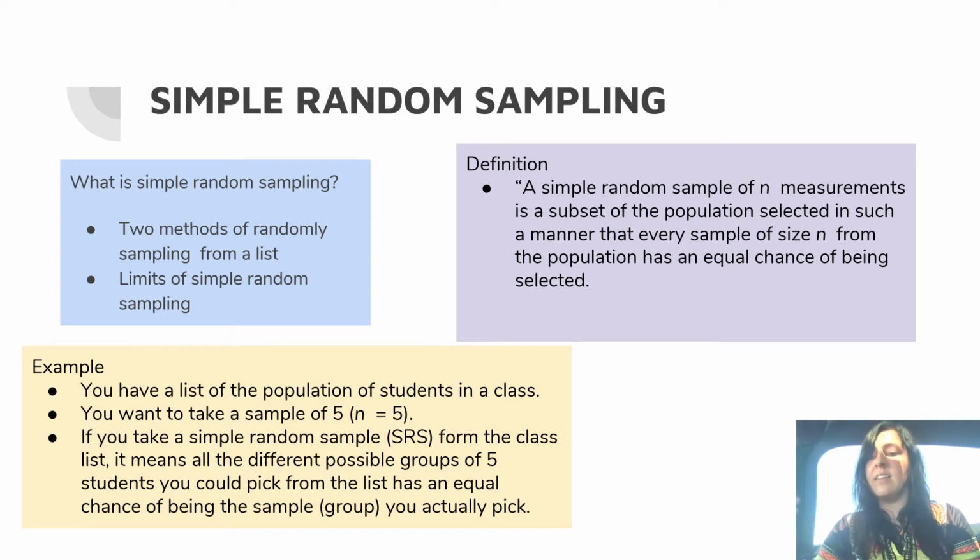And it also means that if you picked a random sample of 5 students and wanted to redo this experiment again, all those students have the exact same chance of being picked in another batch of 5. So completely equal and random is simple random sampling.